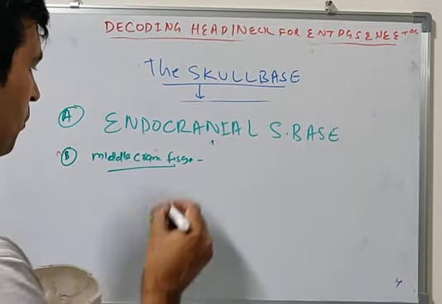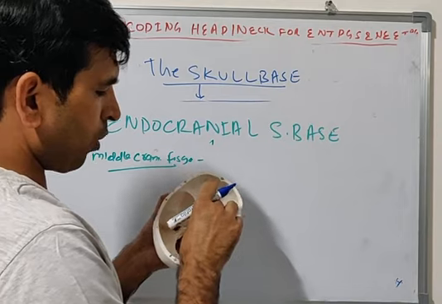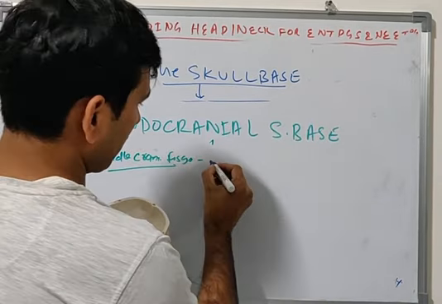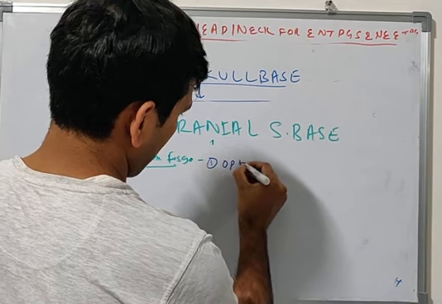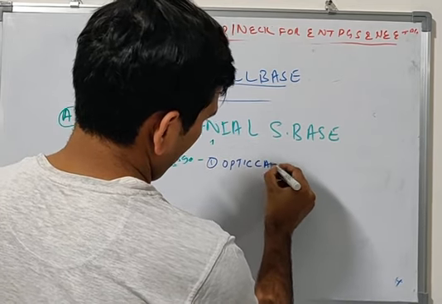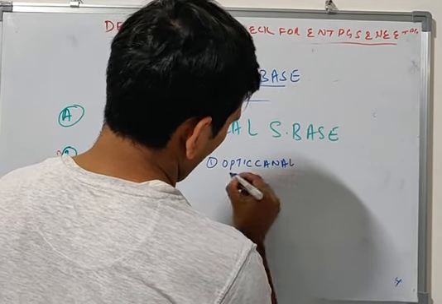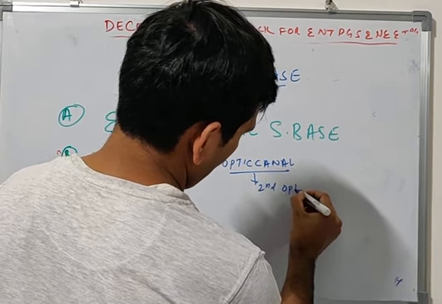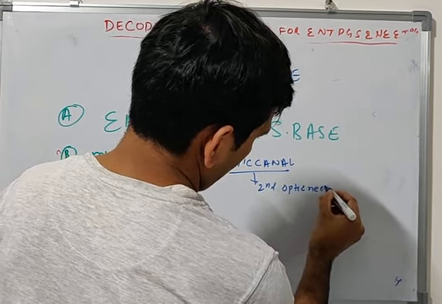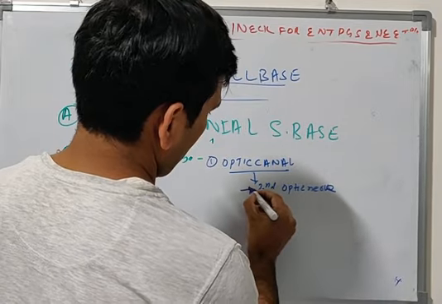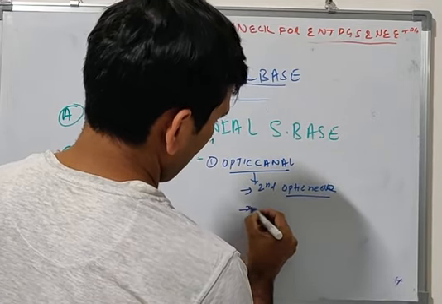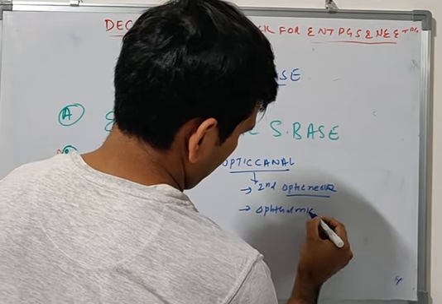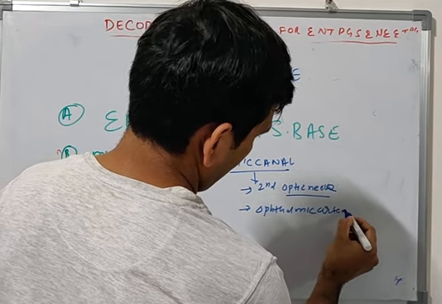If you see in between the body and the lesser wing of the sphenoid, this is the optic canal. The anterior structure is the optic canal. What passes through the optic canal is the second nerve, the optic nerve, which is important, and the ophthalmic artery.